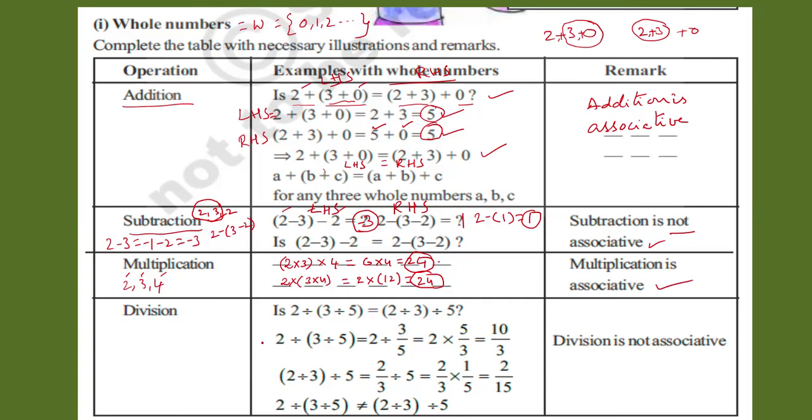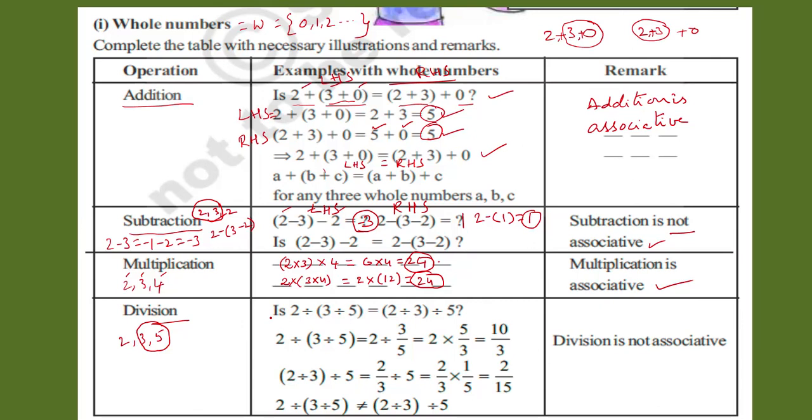Now we move to the fourth operation, that is division. We have taken 2, 3, 5. Here 2 is the first number, 3 and 5 are the second and third numbers. In the first instance, do the division between 3 and 5.